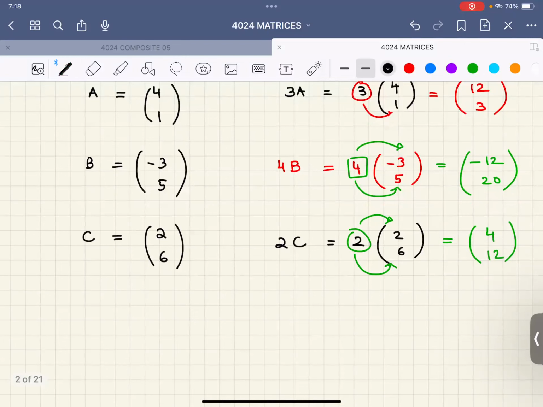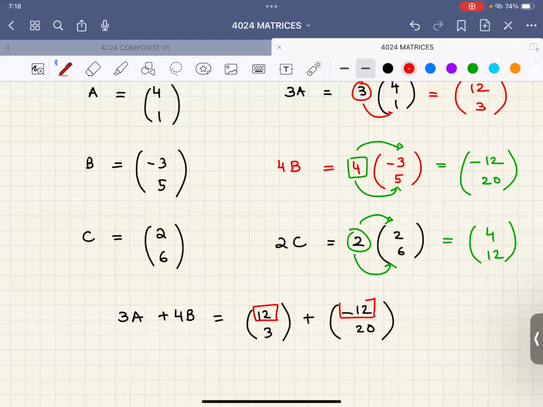Now let's say I'm interested in adding 3A plus 4B. So I already have 3A, which is 12, 3. I have 4B, which is -12 and 20. I add the corresponding terms. So 12 is added to -12. And then I have 3 being added to 20.